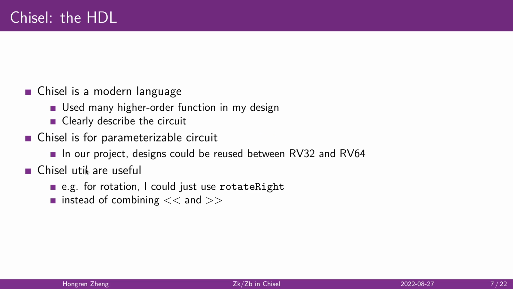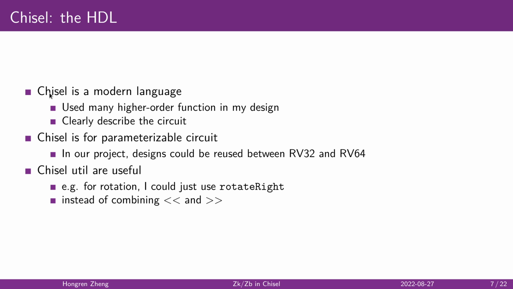And the Chisel features we use today. In the process of implementing these extensions, we use many features of Chisel. Firstly, Chisel is a modern language, because we use many higher order functions in my design.